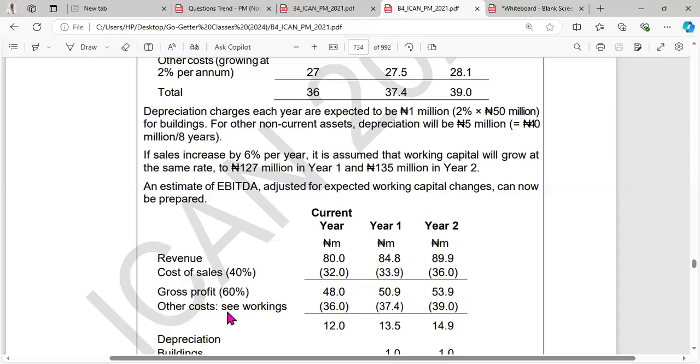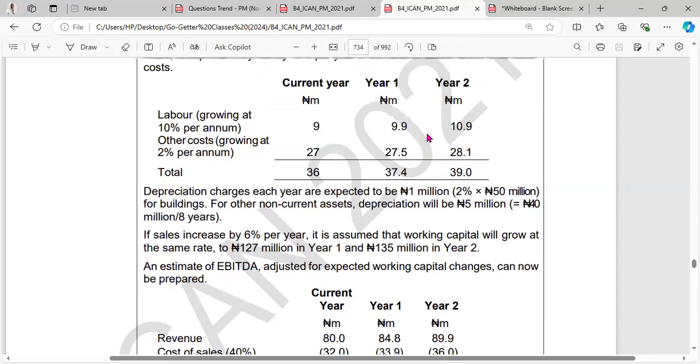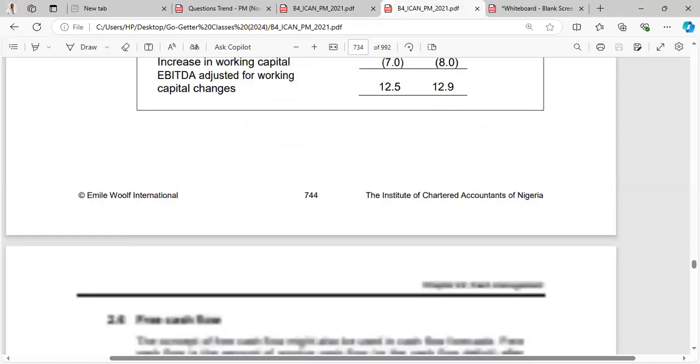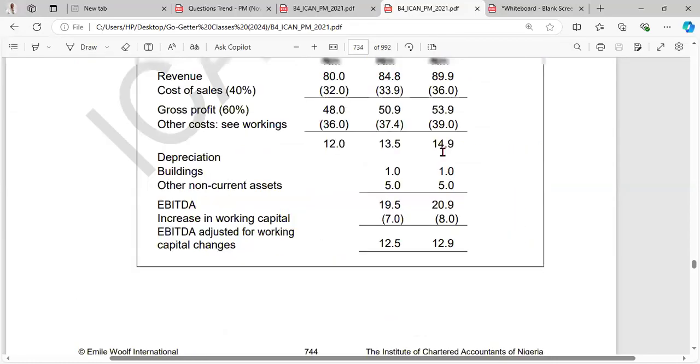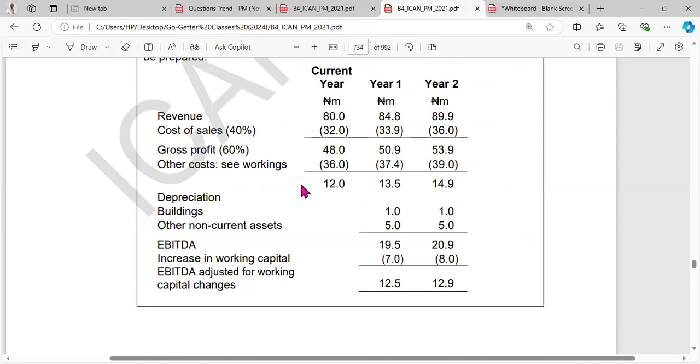Other costs. Look at the other costs we calculated before when we did our labor and the other costs. We bring them down here. You less them and you have all of this. Then we have your depreciation. Of course, we're not doing the current year. Everything we're doing is for year 1 and 2.